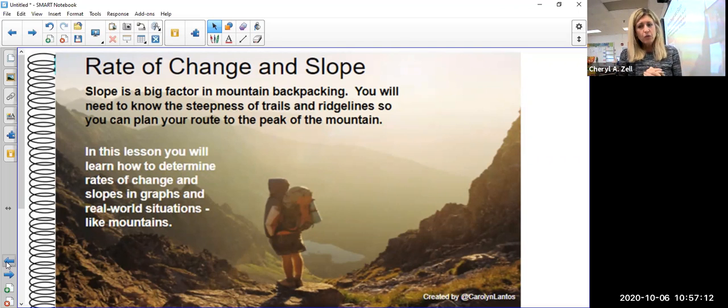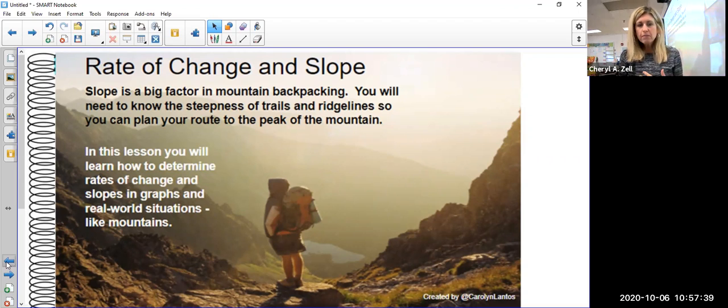Okay, so we're going to move into some algebra here. We're going to talk about a rate of change, and think about if you are hiking in the mountains. We have some beautiful mountains near Charlottesville, like Old Rag, if any of you hiked Old Rag. There are some steep slopes as you hike through those trails.